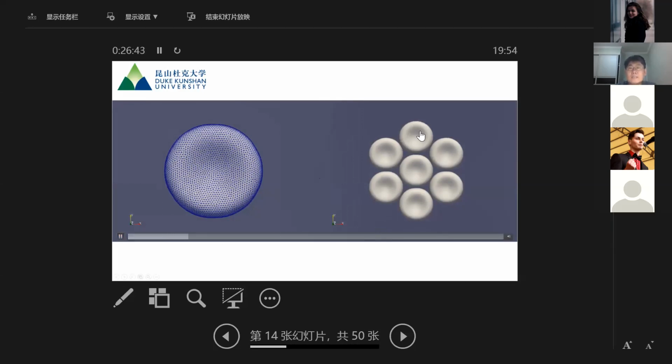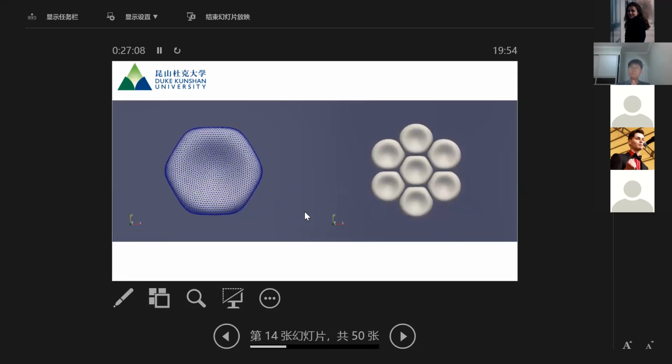When the cells compress the center, you can see this is the zoom of the center cell. It changed from the biconcave shape to the polygon shape. You can see this is a polygon shape. This is our preliminary result.